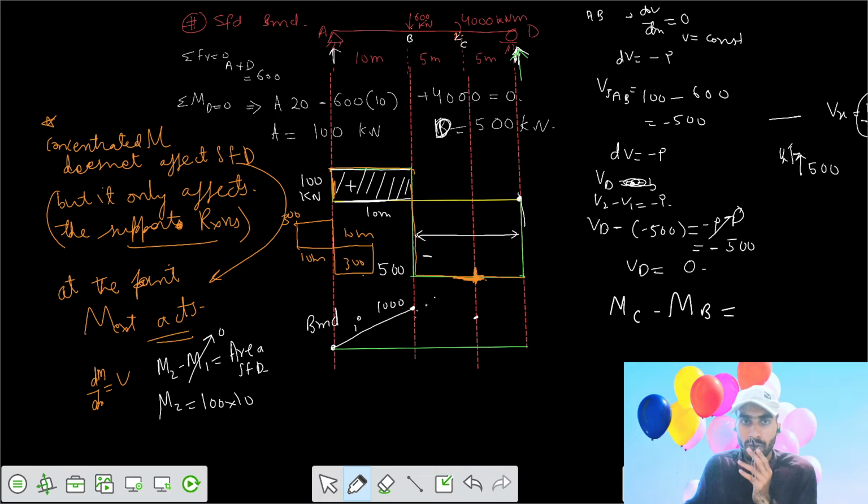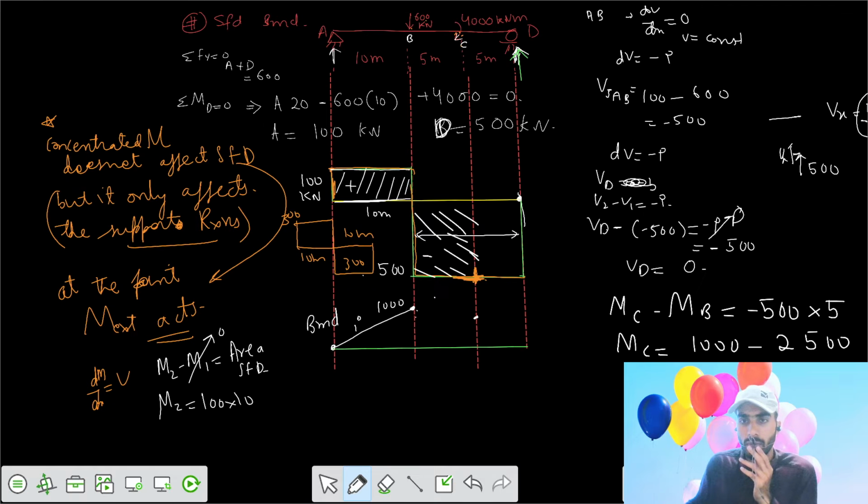The area of the shear force diagram between the 2 points is negative 500 into the length 5 meter. So your moment at C equals moment at B, which was 1000, minus 2500. That comes out to be minus 1500. Is it so?